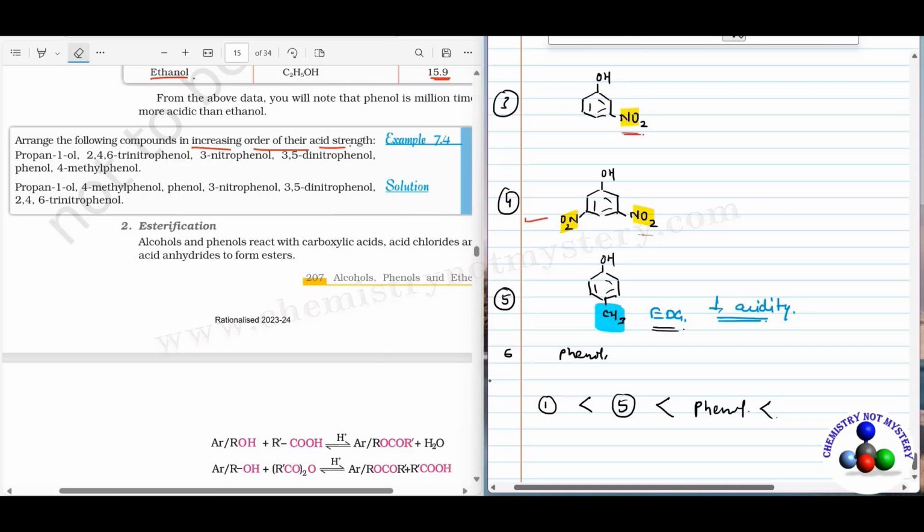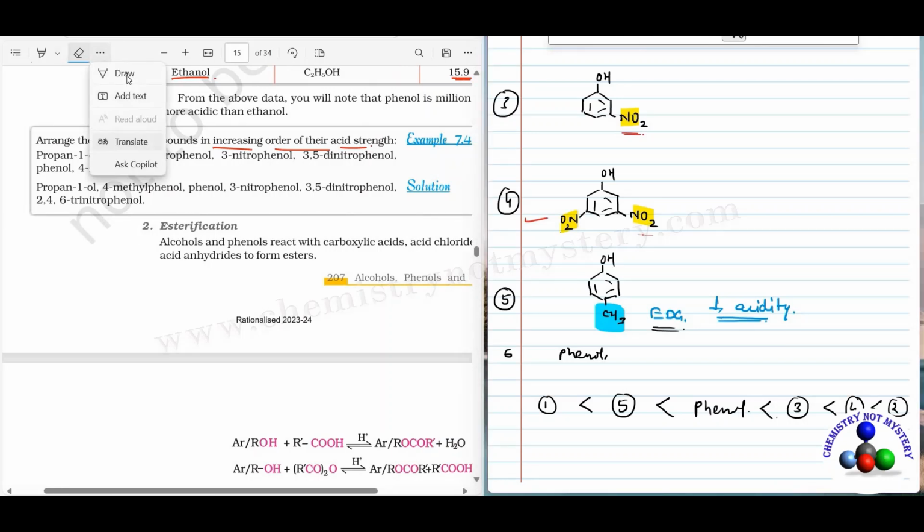After phenol, the 3-nitrophenol will be there, as there is just 1 electron withdrawing group bonded to phenol. After that, the 4th structure will be there, in which 2 nitro groups are bonded to phenol. So there will be 3,5-dinitrophenol, and after that 2,4,6-trinitrophenol will be there.